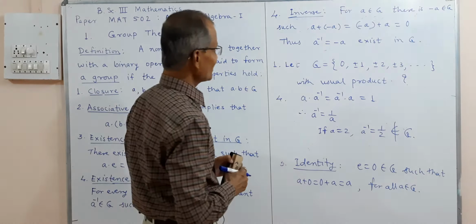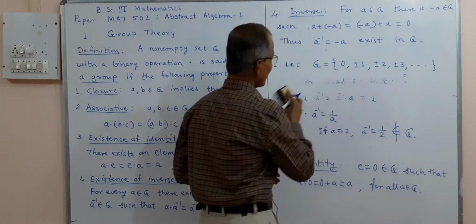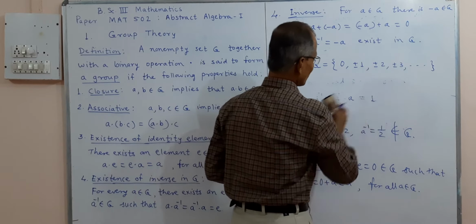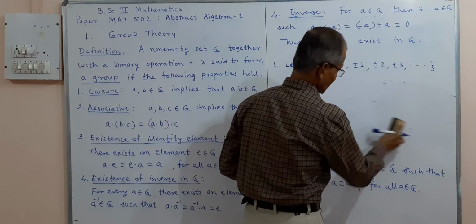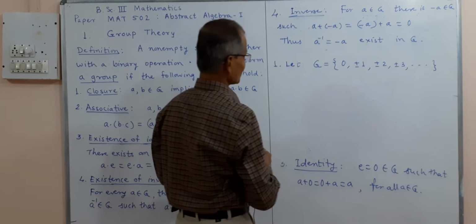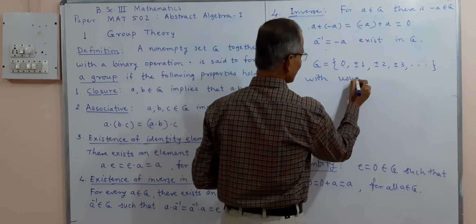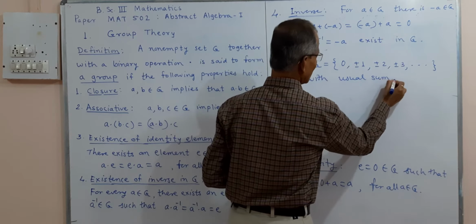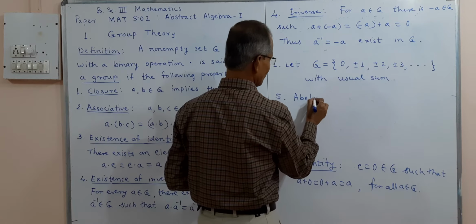And one more thing we can consider, again we consider the addition operation. We have seen all the four properties are satisfied for the addition operation. Now whether this group is abelian or not, with usual sum, the fifth property we may consider is abelian.